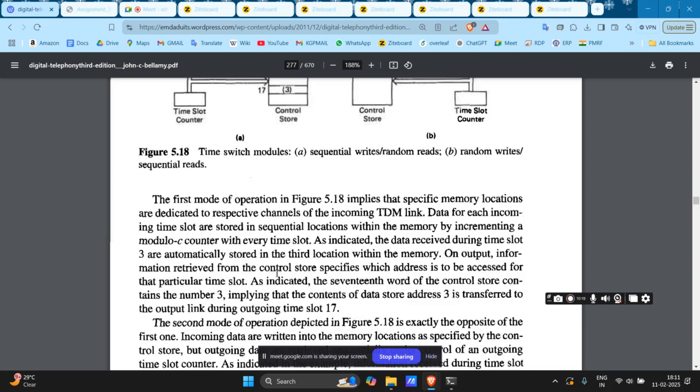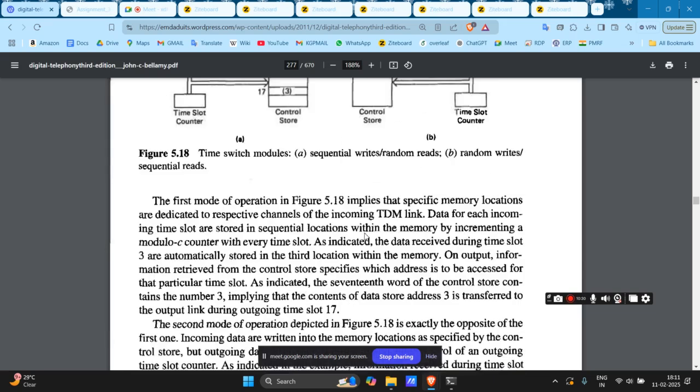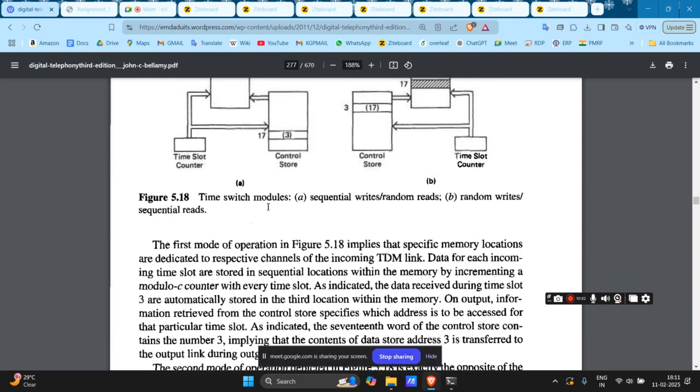On output, information is retrieved from the control store, which specifies which address is to be accessed.